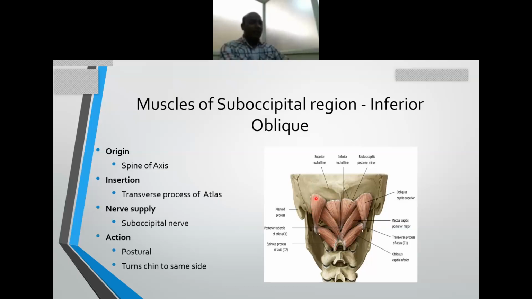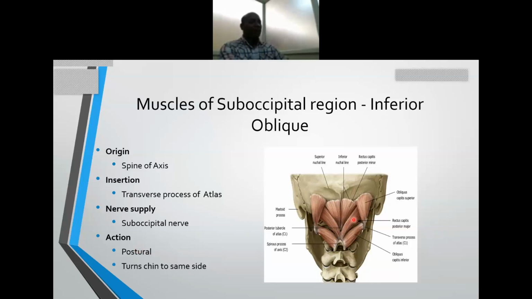Okay, and all of these muscles are supplied by the suboccipital nerve, or the dorsal ramus of C1, which is also called the suboccipital nerve. The main function is possibly the postural maintenance of the head, maintaining the posture of the head.